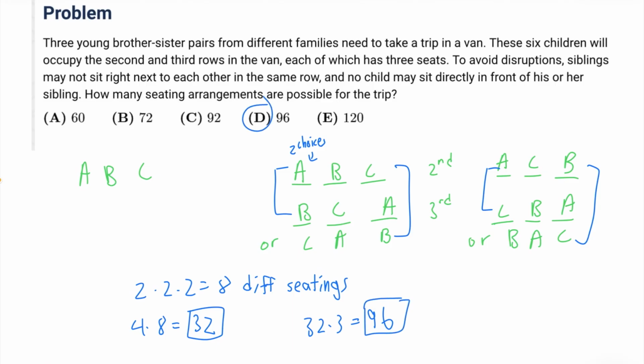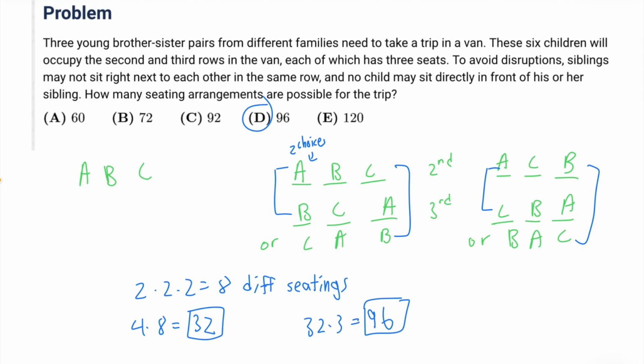So essentially, to sum everything up, I first grouped it by family. Let's pretend that family A sat in the leftmost seat. If A sits in the leftmost seat, we have ABC and ACB, and corresponding to that, we have a total of 4 different family patterns that satisfy the requirements.